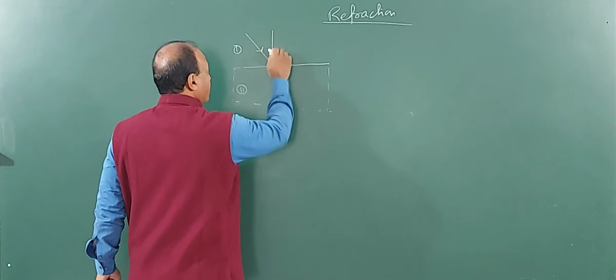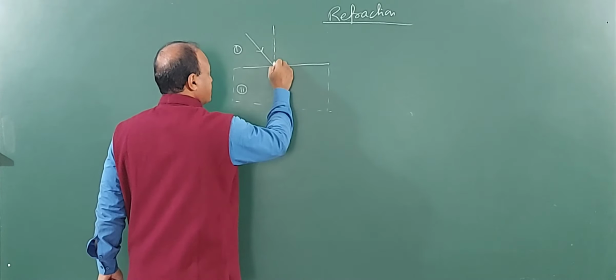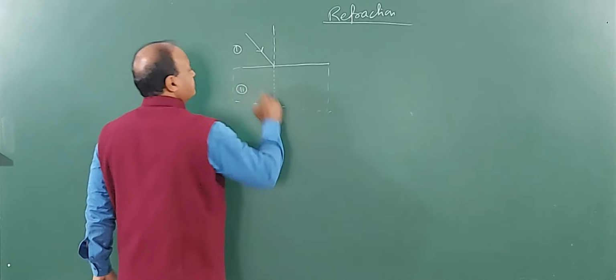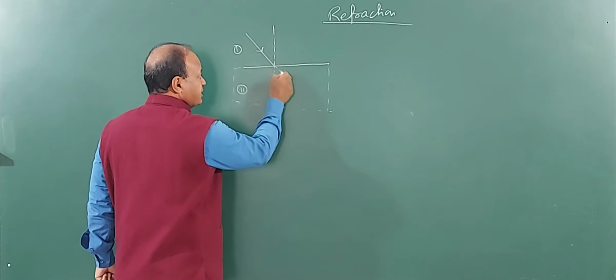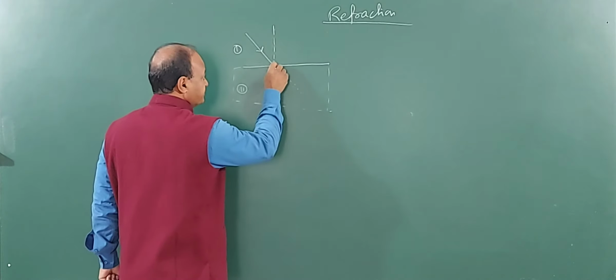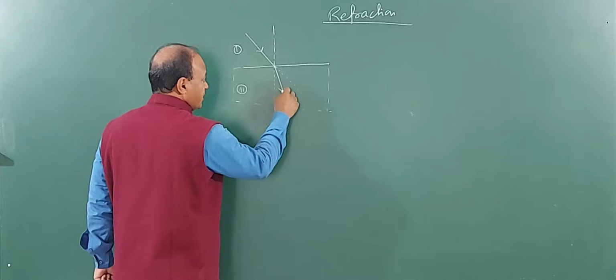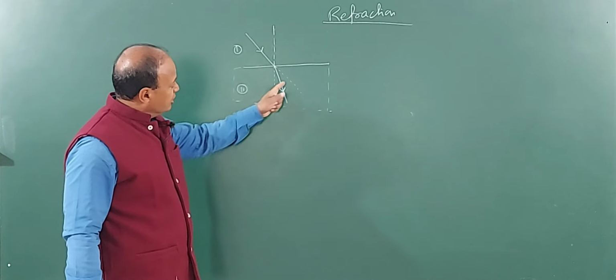If you draw a normal to trace how much it is bending, this is a normal at this point, then you find that light was originally coming along this direction, but it no longer goes in this direction, it bends. In this case, we have shown the bending towards the normal.